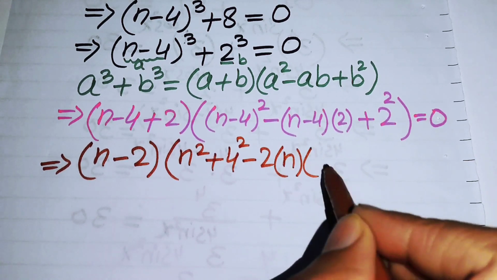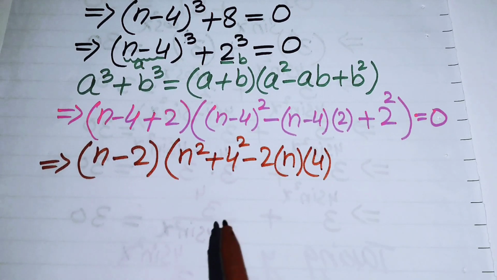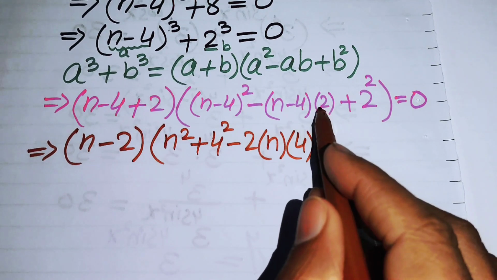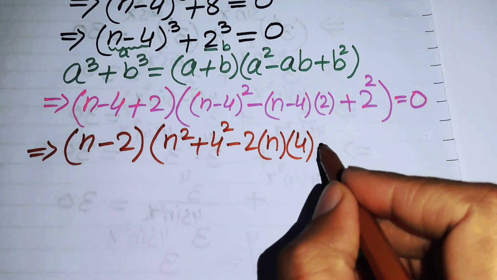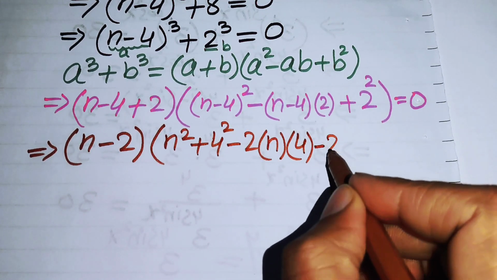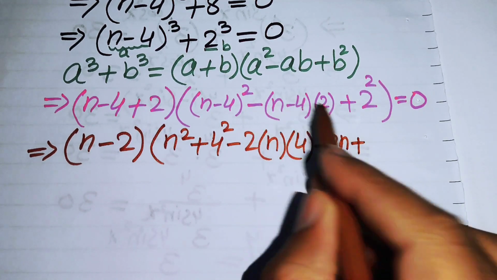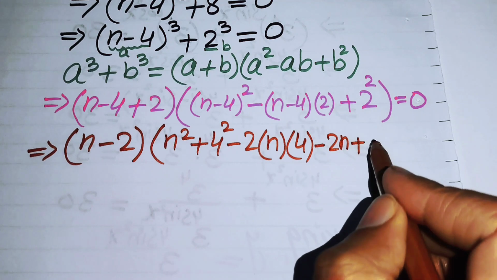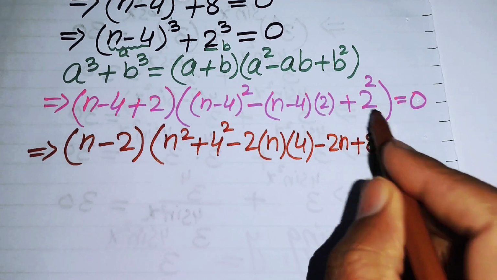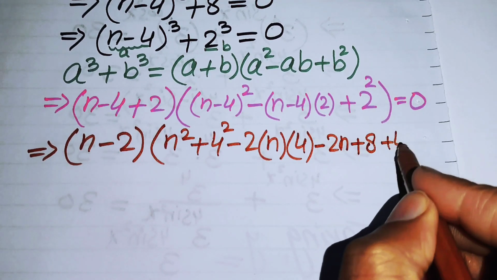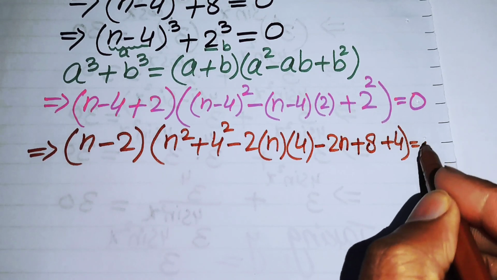So our a is n and b is 4. And now we multiply the 2 into both of the terms, and you get minus 2 times n, and plus, minus times minus becomes plus, and 2 times 4 is 8, and the square of 2 equals 4, and this whole equals 0.